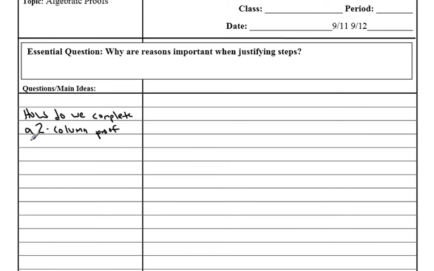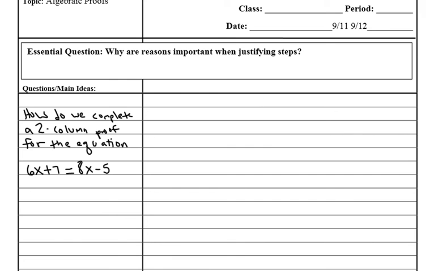And for the equation, let's use the equation 6x plus 7 equals 8x minus 5.